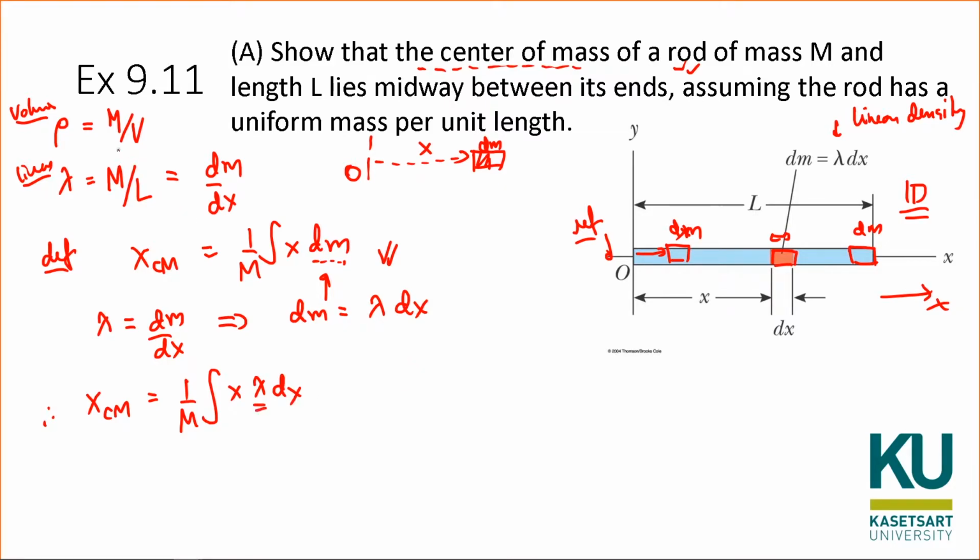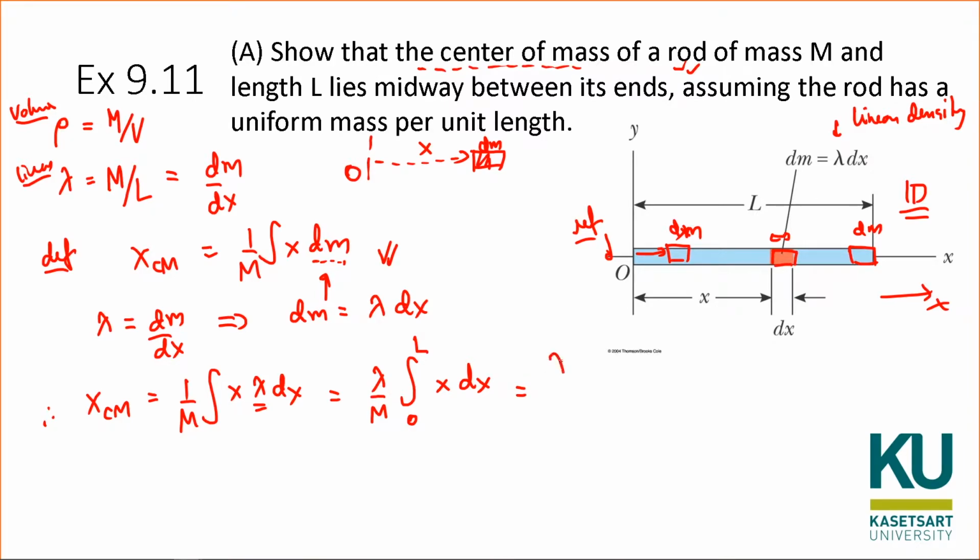Now lambda is a constant, since it is the definition of the linear density, the mass over the total length. You can take it out, so you have lambda over m integrate x dx. You integrate from the origin to the distance L, so from 0 to L.